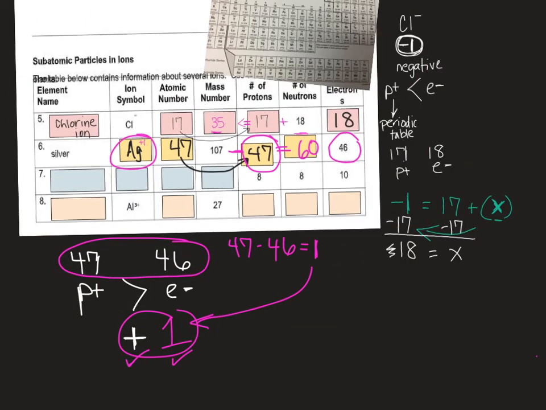So that's how you do it that way. If you were to do it the algebra way, the second way that I showed you on the last example, you could have taken 47 protons plus a negative 46, because you're considering the electrons, and that would get you a positive 1.